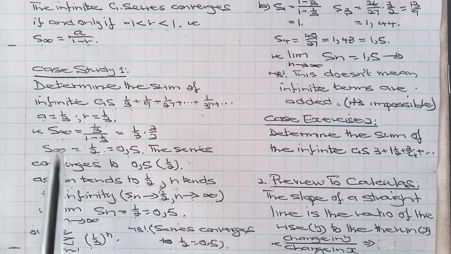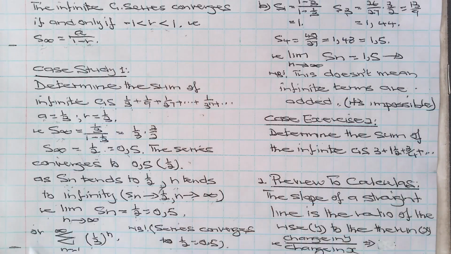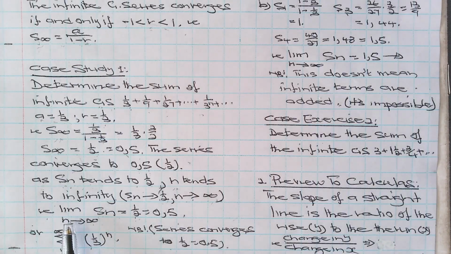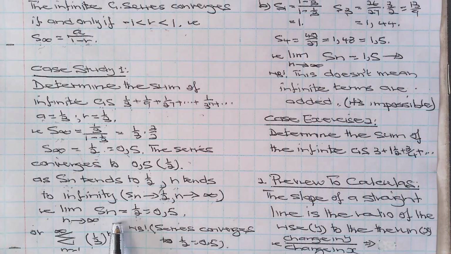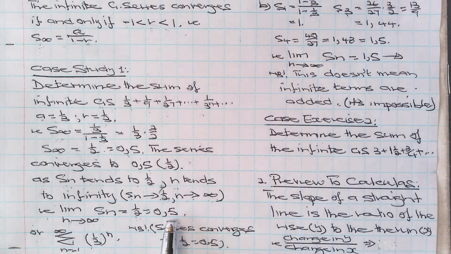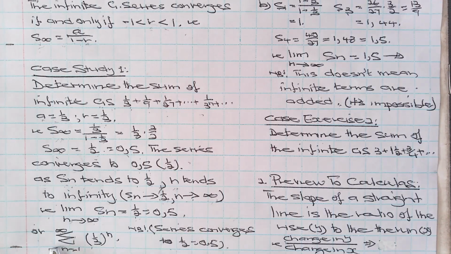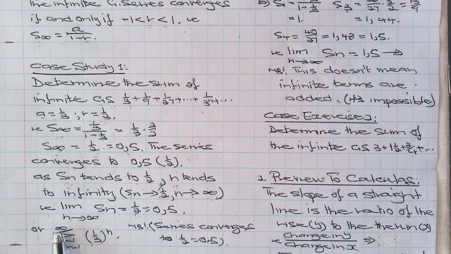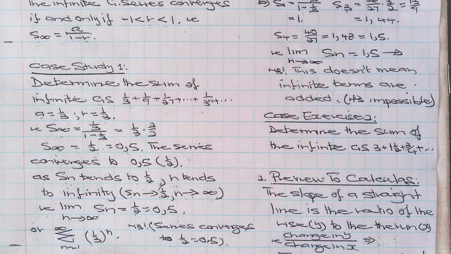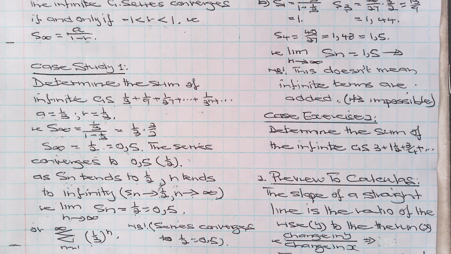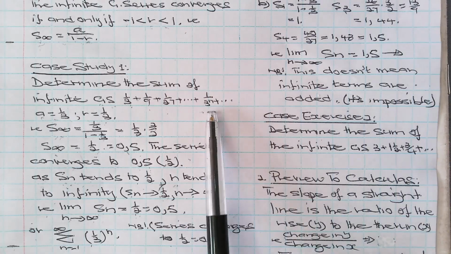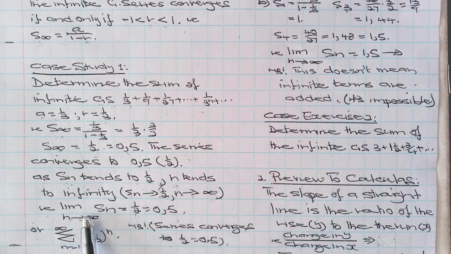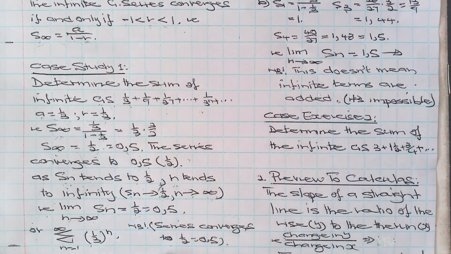So the sum to infinity means the limit as n tends to infinity is equal to half. Or using sigma notation, from n equals 1 being the first term to infinity, for the general term 1 over 3 all raised to the power n, is the same as this. You can use this method or that method, you'll get the same thing.